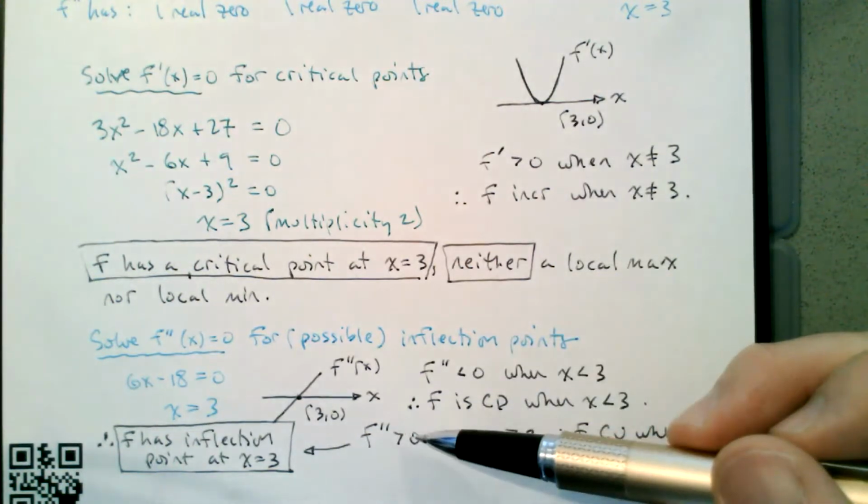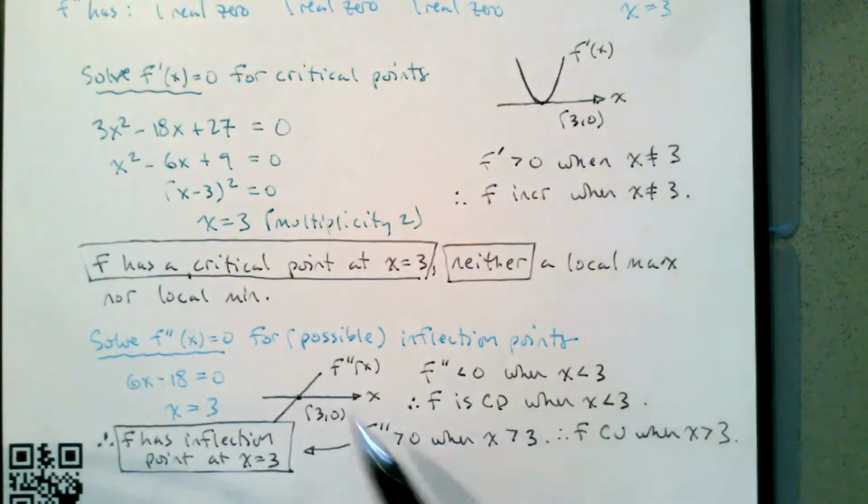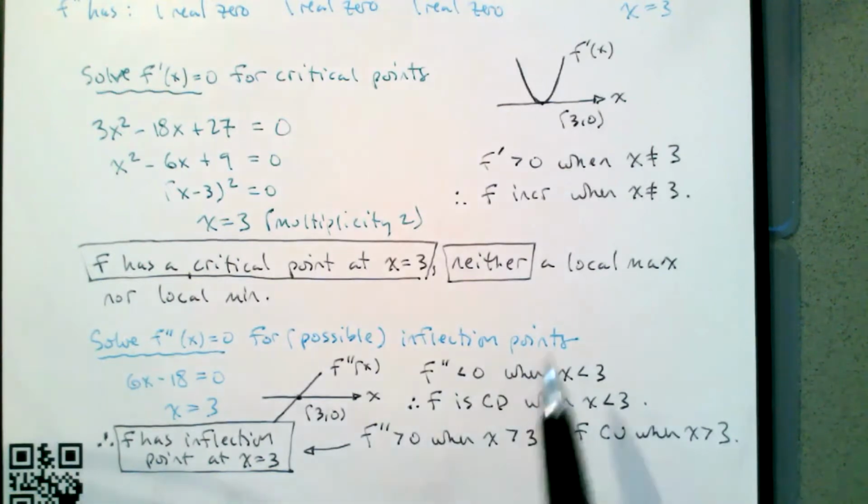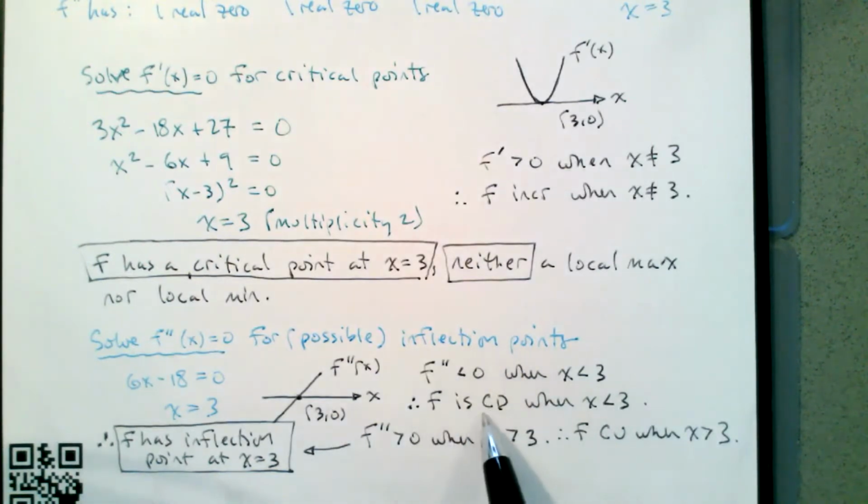F double prime is positive when x is greater than 3. And that means since the second derivative is positive, the function is concave up when x is greater than 3. If it's less than 0, then it's concave down. If f double prime is less than 0, then f is concave down. Okay, I almost get it.